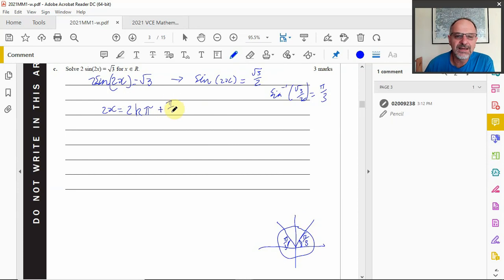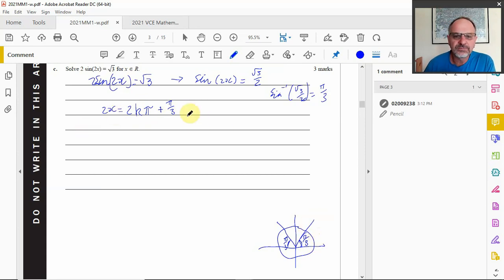And so that k is telling us how many times we're spinning around the circle. All right, we don't spin at all, we spin once, we spin twice, we spin backwards, whatever. It doesn't matter. We end up at this positive axis down here, plus our pi on 3.